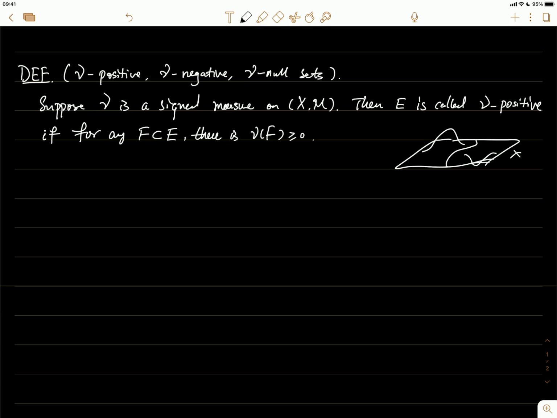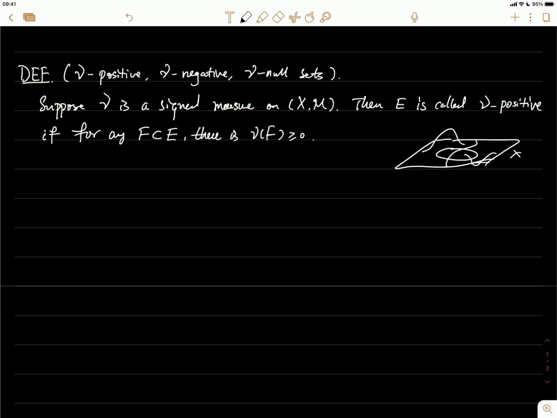And we say this set E is nu positive, means that the set E can only be something like over this part, because over this part the nu is always non-negative. So you take a subset of that, it's still non-negative.